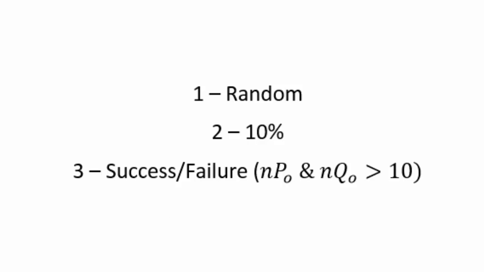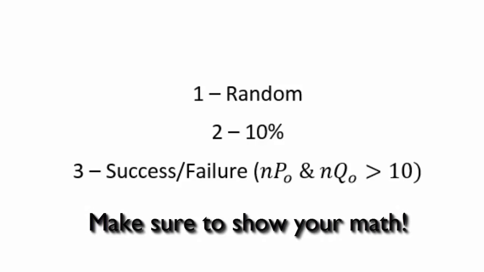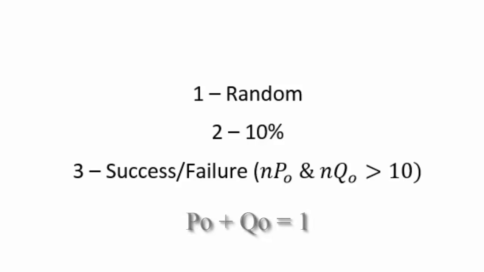Finally, we need to pass the success-failure condition. Since we're doing a statistical test, the success-failure condition is that np0 and nq0 need to be greater than 10. p0 is 0.02, q0 is 0.98. You can check np0 by finding out what we would see according to the null.